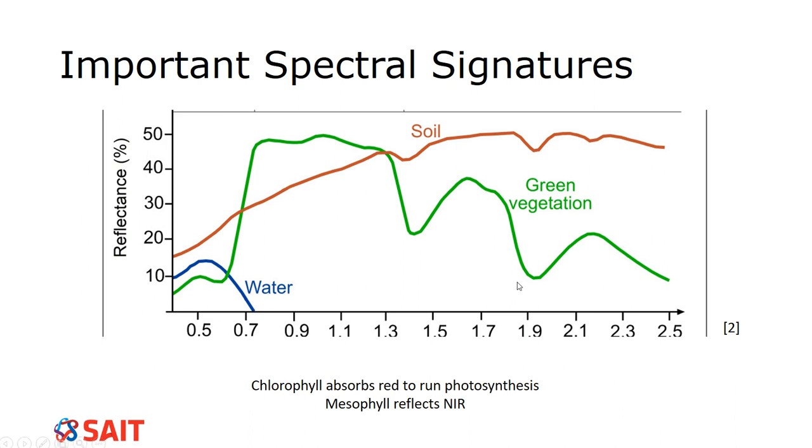It gets all absorbed. If we're looking at green vegetation, we have a peak in the green. That's where this peak sits. And then it goes down in the red. And then look at what it does in near infrared. Do you have any idea how much of a difference we are seeing for green vegetation in something that we cannot see?